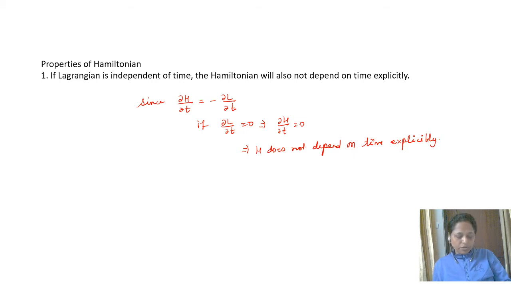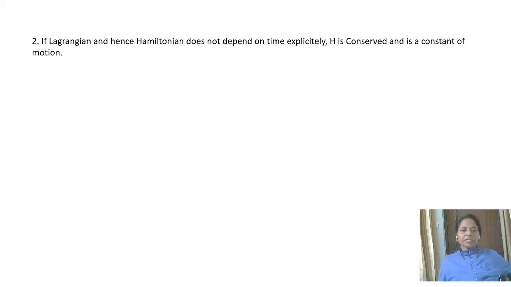The second property is if Lagrangian and hence Hamiltonian does not depend on time, which was the first property, then H is conserved and it is a constant of motion. This is the next property. We know that H is defined as a function of Qj, Pj and time, right?